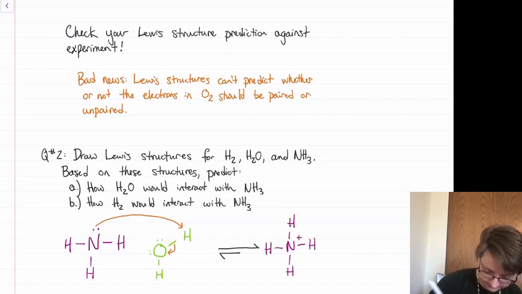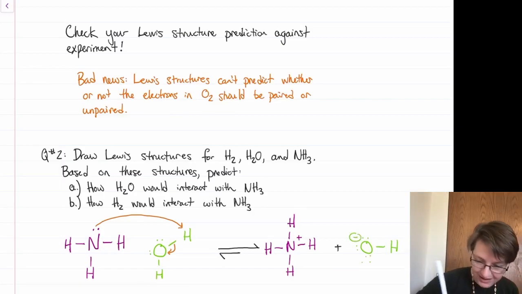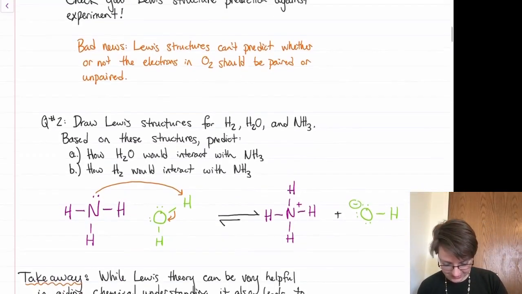So far, so good. The real issue, I would say, is that while I can draw a perfectly fine Lewis structure for H2, I would argue that with H2, it's such a simple molecule.